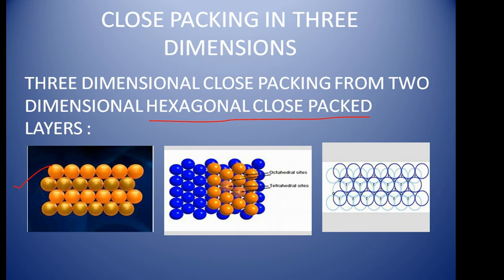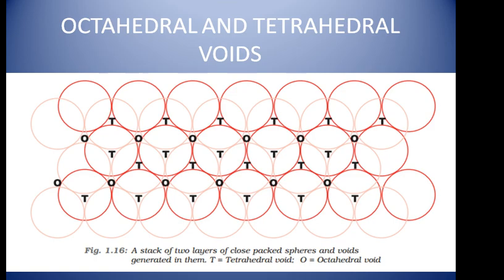So in the two-dimensional layer also you get a few voids. Now when you are stacking another layer, then also you get a few voids or holes. There you get two types of holes, octahedral and tetrahedral. Let's see this figure.